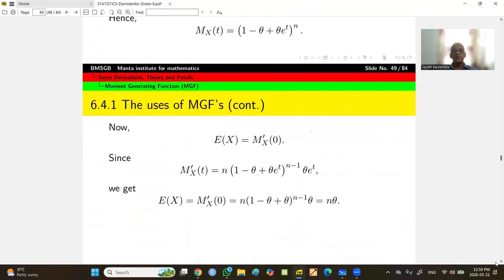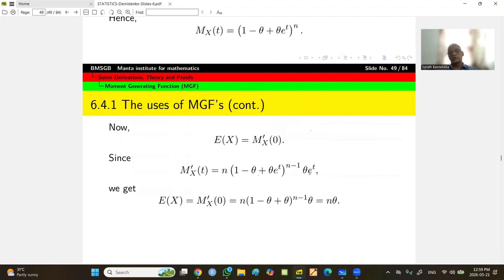Now, using this moment generating function, we will get the expected value and the expected value of x square, and get the variance. So, as I mentioned, the expected value of x can be obtained by taking the first derivative and putting t equal to 0. Right. So, the first derivative, M dash X(t), is given by this expression. Remember, you are taking the derivative with respect to t, right?